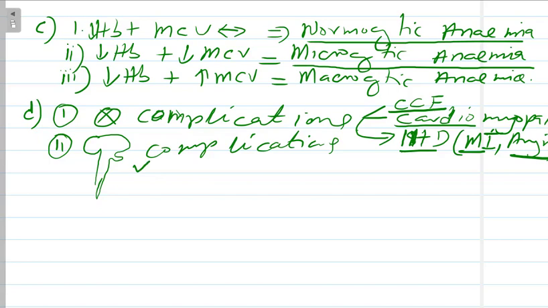So the neurological complications, number one, what we have there is peripheral neuropathy. Okay. Number two, what you have also there is depression. Okay.